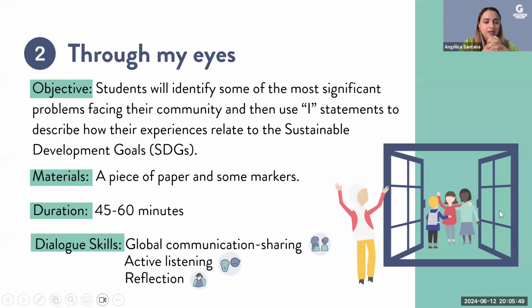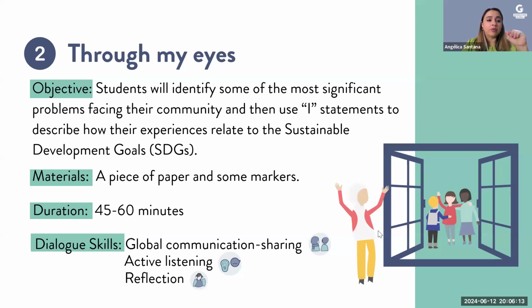The second activity is called Through My Eyes. This is an activity that will involve a deeper level of understanding of the SDGs. Its main objective is that the students will, through observation, identify the problems that their community faces.